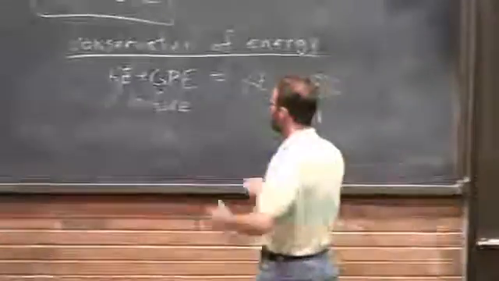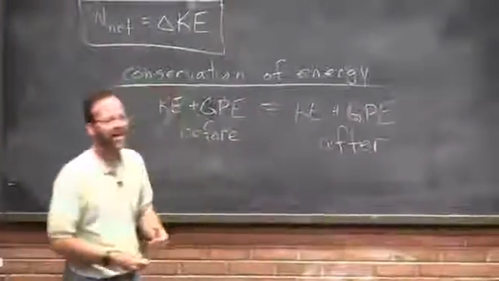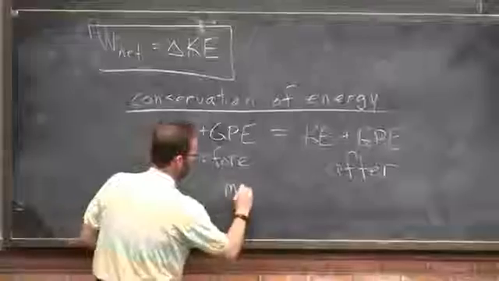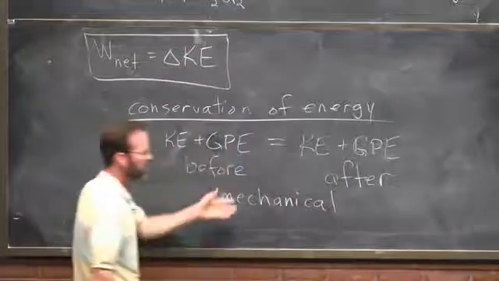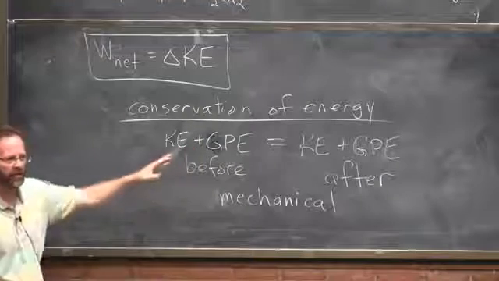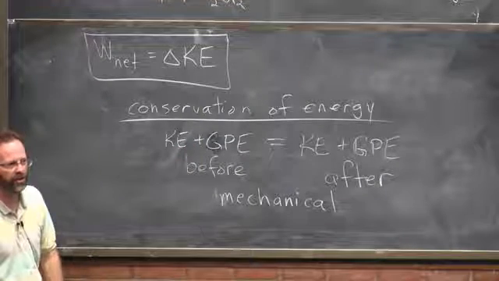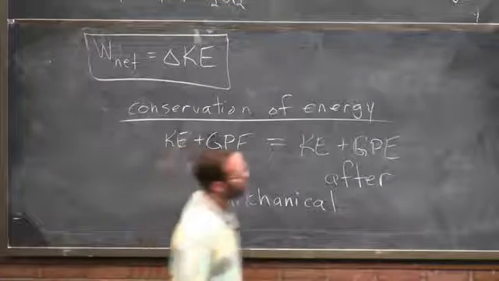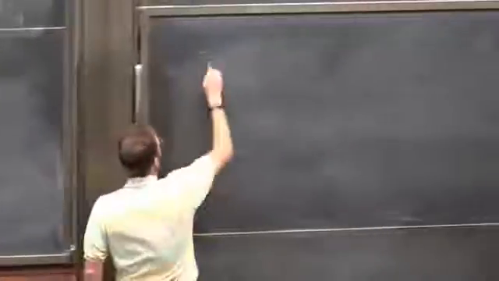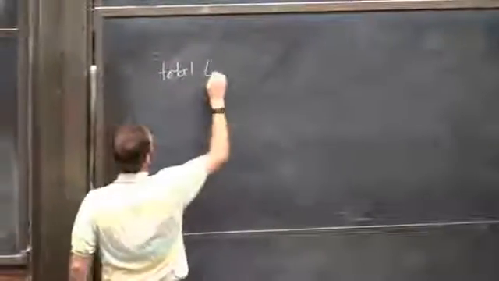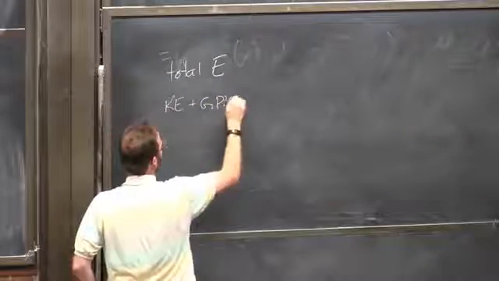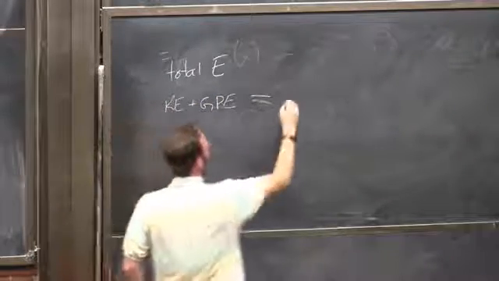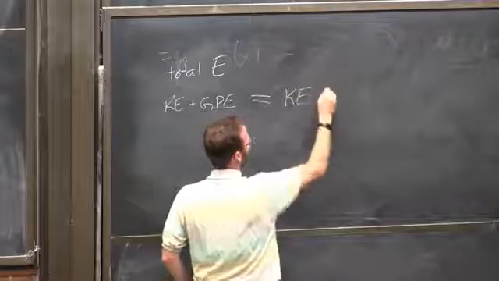So if you just look at what we call mechanical energy, that's what your book uses as a term. This is mechanical energy, kinetic and gravitational potential energy. Total energy, you got the kinetic and the gravitational to start with, and it's now moving, rolling down the ramp.